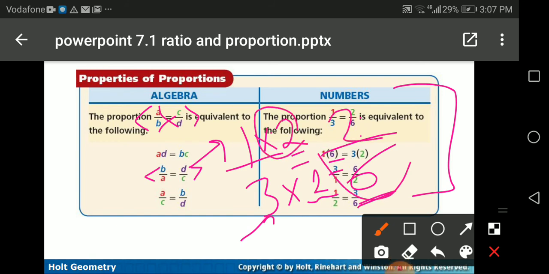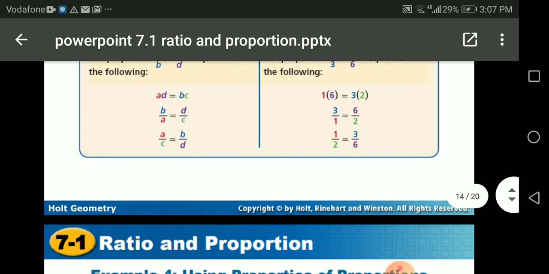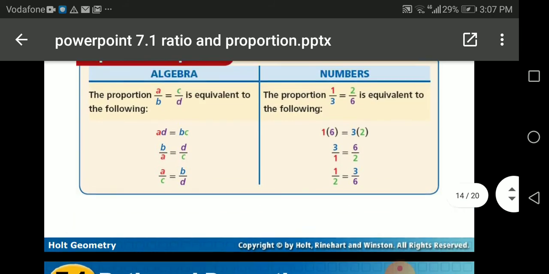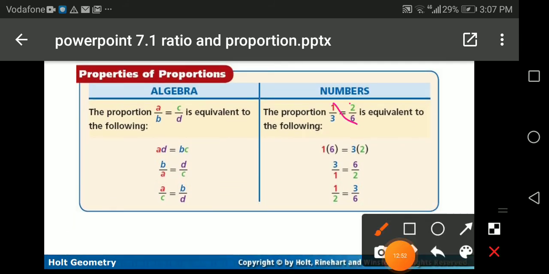So it's 2 over 6. This is equivalent. So 1 multiplies 6 is the same as 2 multiplies 3. I've got 6 and I've got 6, the same.